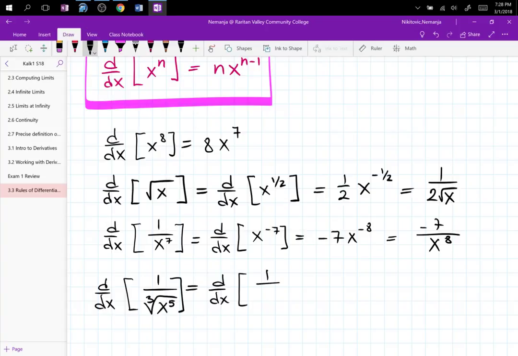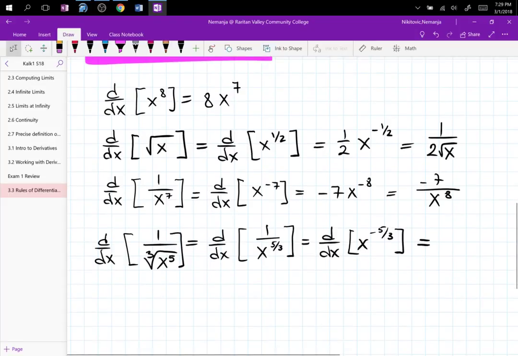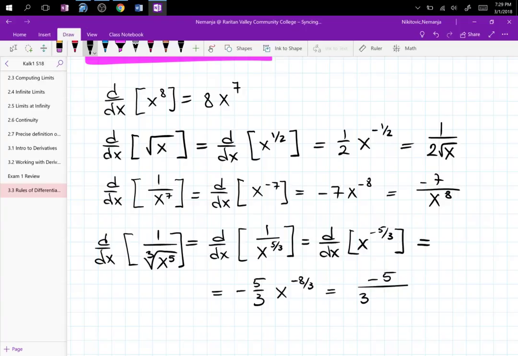So 1 over x to the 5/3. And then what? Bring it to the top. You could have done it in the same step, but that's okay. So negative 5/3. And now you unleash the formula. Negative 5/3 x to the negative 8/3, very good, is equal to negative 5 over 3 cube root of x to the 8.